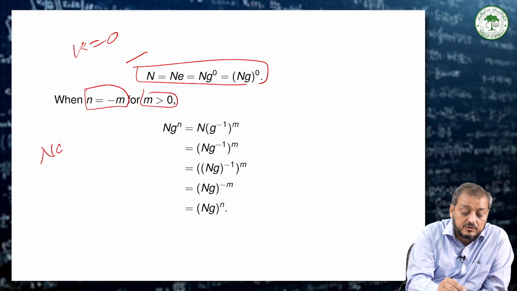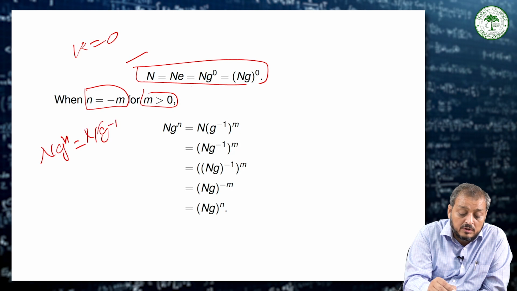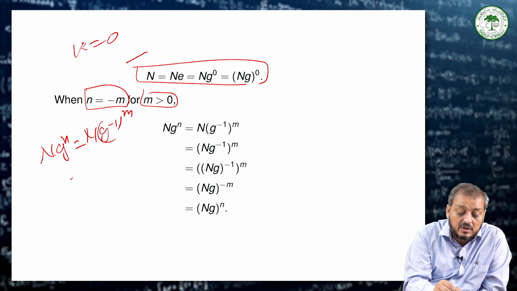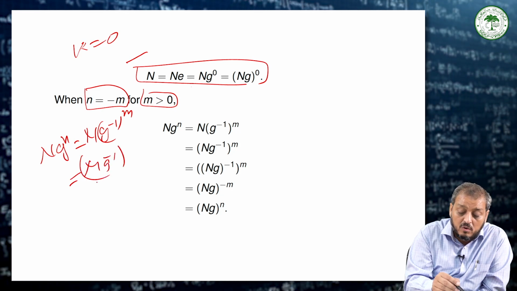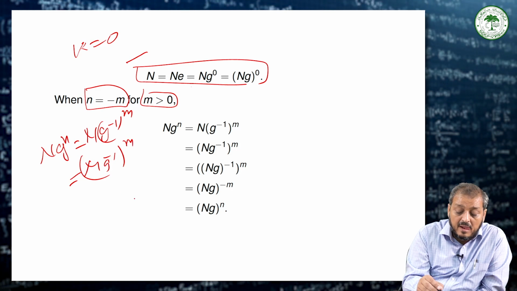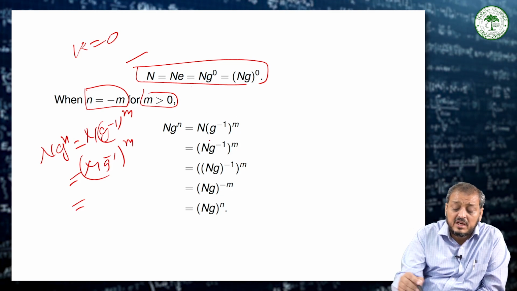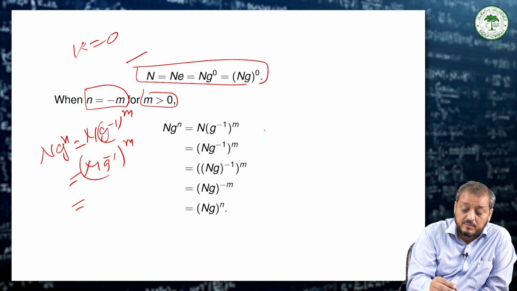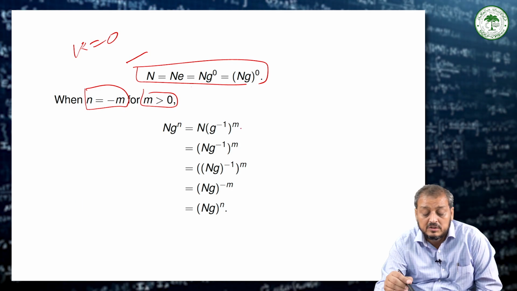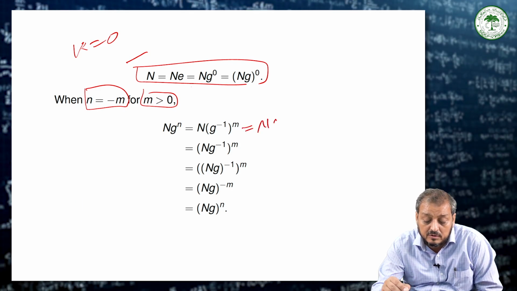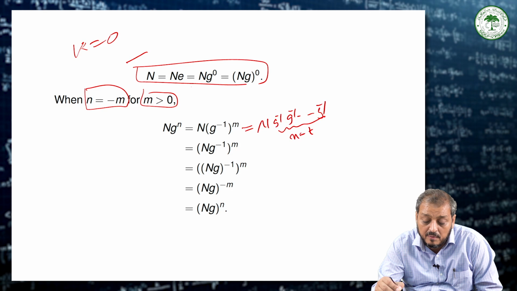Then N g^k can be written as N (g inverse)^m, and this can be written as (N g inverse)^m. To explain a little bit: this is N(g inverse · g inverse ··· g inverse), m times.